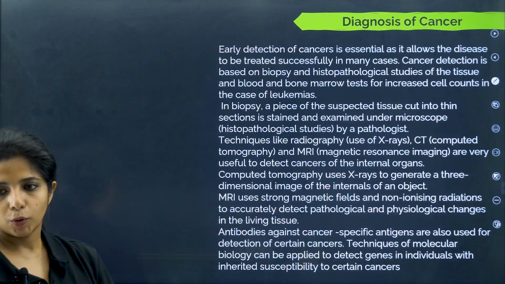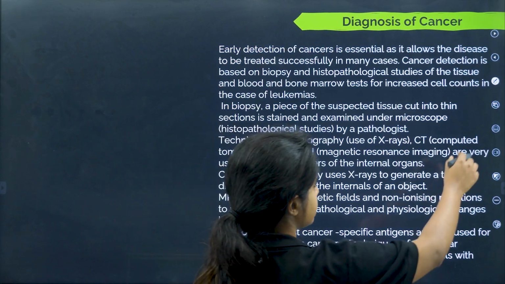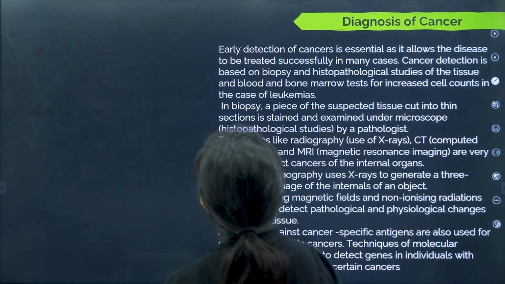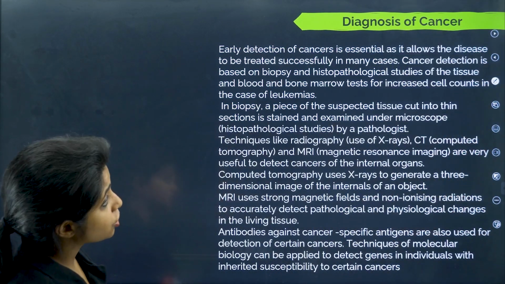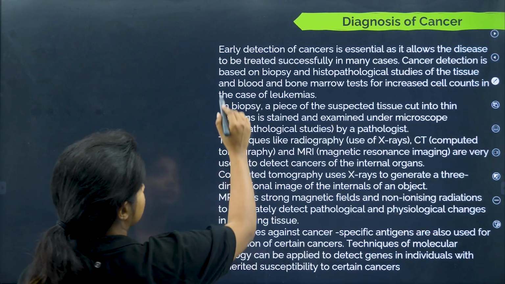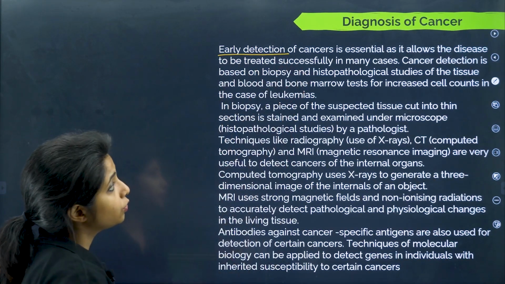Done? Going ahead, diagnosis of cancer. Now that is important. Early detection of cancer is essential as it allows the disease to be treated successfully. So obviously early detection is important, you know that.